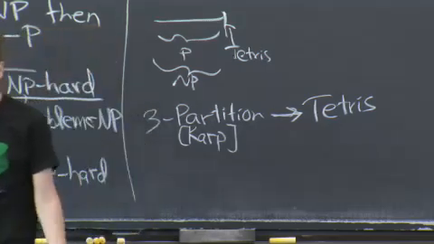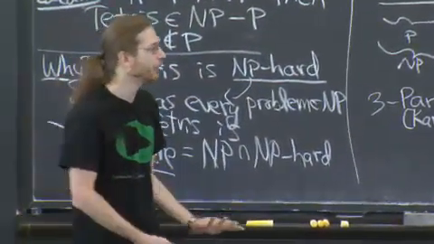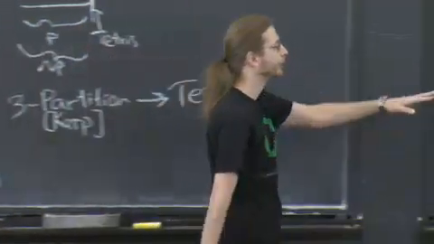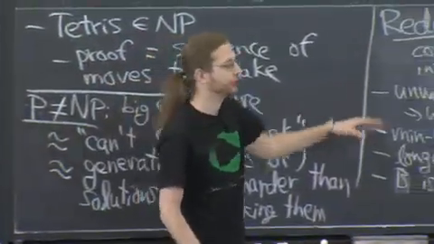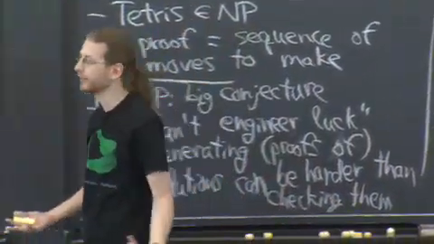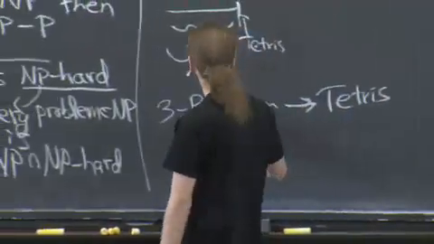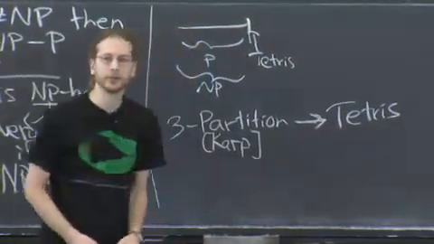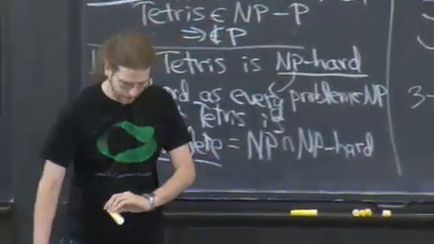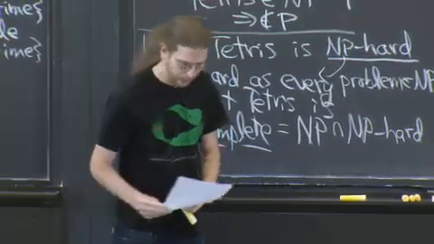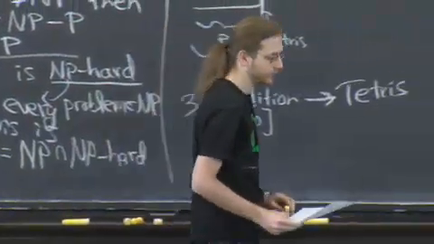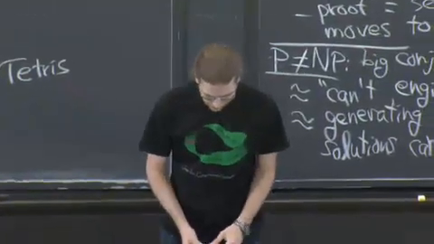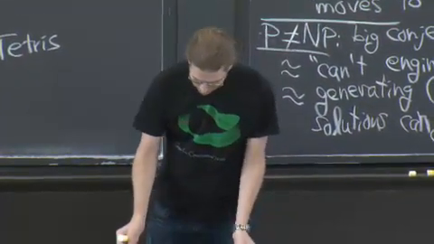So reductions are super useful for getting positive results for making new algorithms, but also for proving negative results, showing that one problem is harder than another. And if you already believe this is hard, then you should believe this is hard. I think that's all I really have time for.